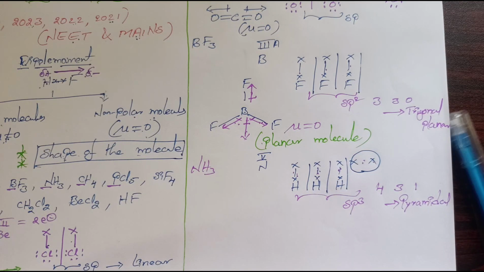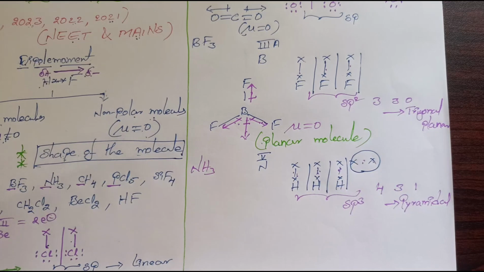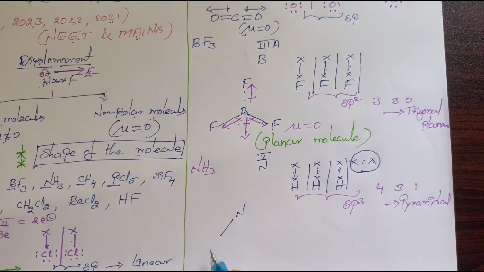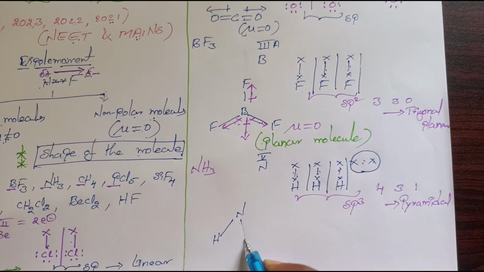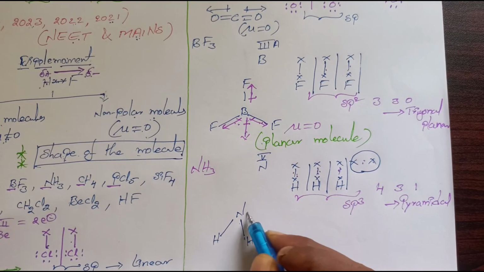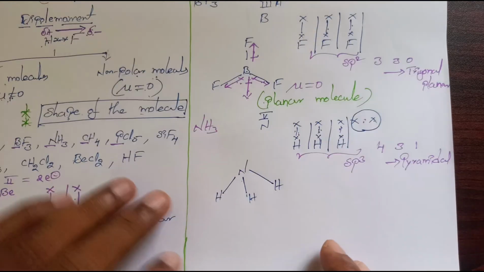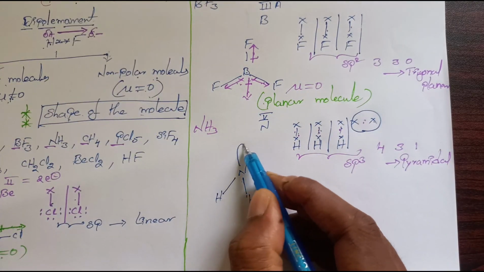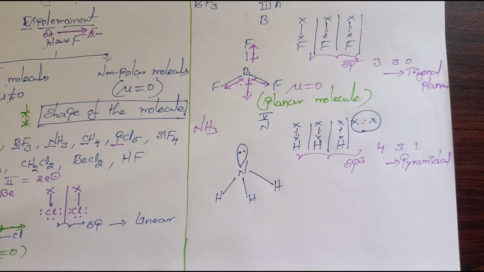Pyramidal. I showed you the shapes in yesterday's video also. Look at the shapes of the molecules also, students. Here ammonia is a pyramidal arrangement. Here there is a nitrogen-hydrogen bond, nitrogen-hydrogen bond, nitrogen-hydrogen bond, like a Egyptian pyramid arrangement. On the nitrogen, a lone pair is present, existing like this.